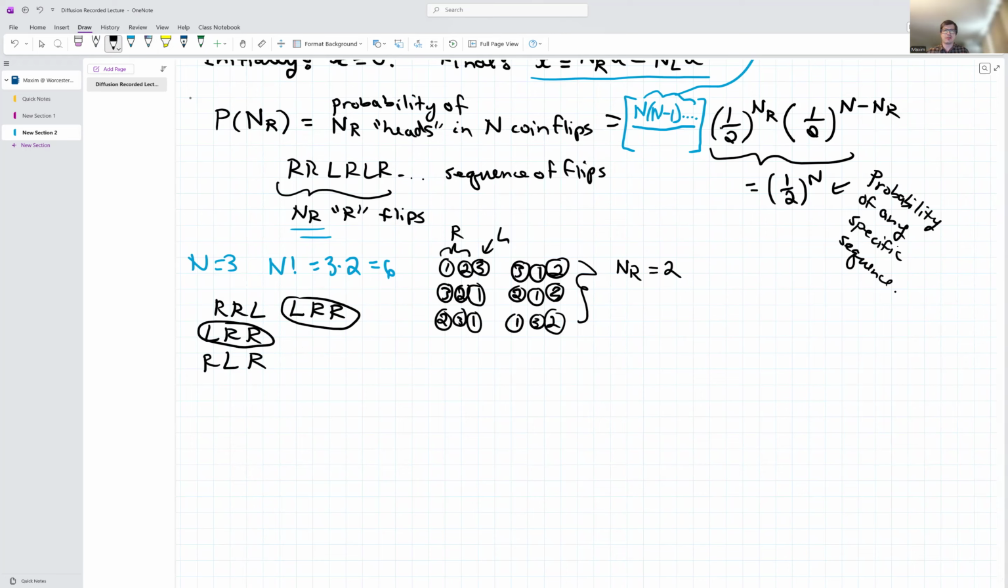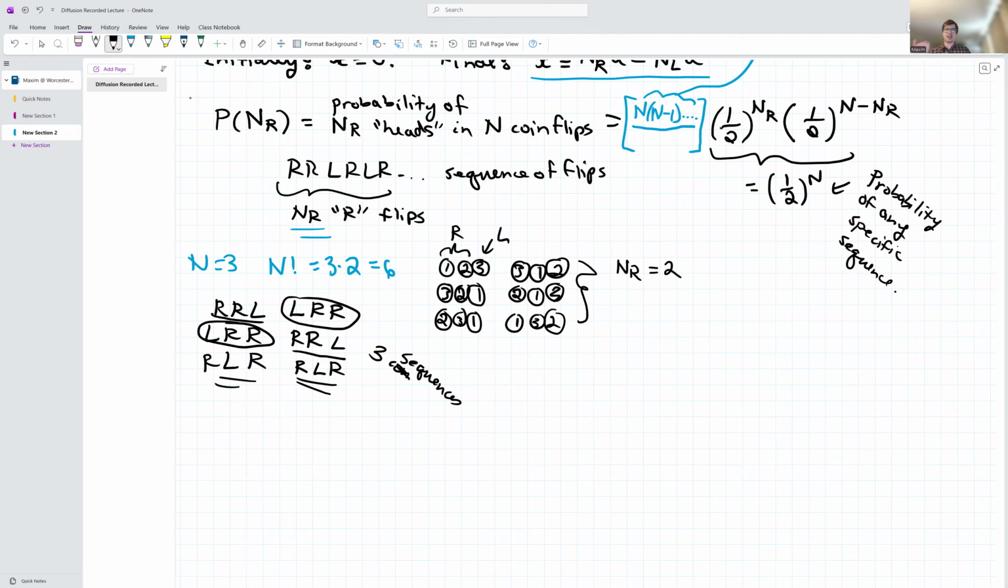And then we have right, right, left. So these two are the same. And then the last one is right, left, right. And these two are the same. So there's actually three unique sequences: left, right, right, right, right, left, and right, left, right.